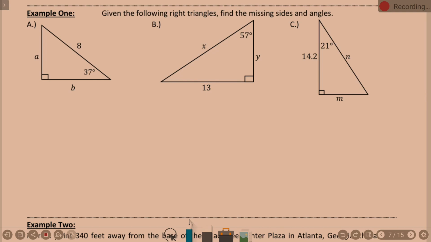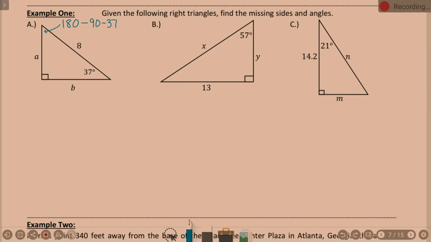So what's the key point you have to remember? All 3 angles in a triangle always add up to be 180. Okay. So essentially, in order to find our missing angle, we're going to take 180 and subtract the 90 and the 37 from it.